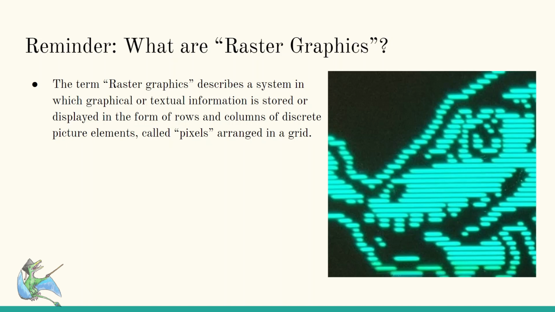This is in contrast to, say, vector graphics, where you have some sort of hardware that has like a steerable beam or a pen or something that draws continuous lines.